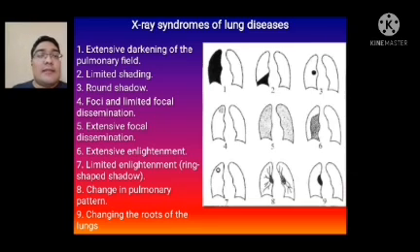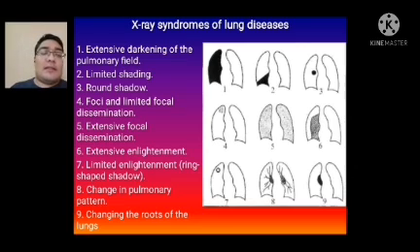Next, extensive enlightenment. Enlightenment is opposite to shadowing. It means that on the lung picture we cannot see any roots, any pattern, any bones, anything. That means enlightenment.